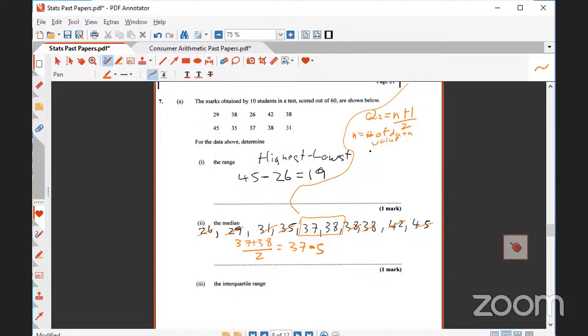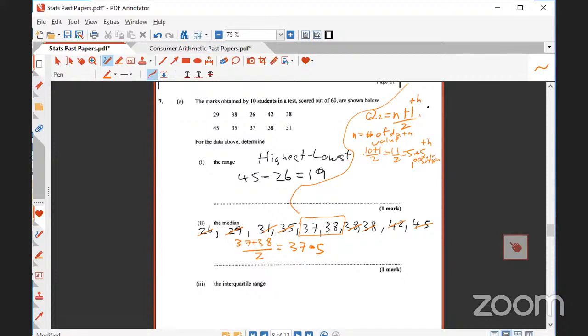So they gave us 10, so it's going to be 10 plus 1 divided by 2. That's 11 divided by 2, which is 5.5. So basically, this is the position. This formula does not give you the answer. It gives you the position of the answer.